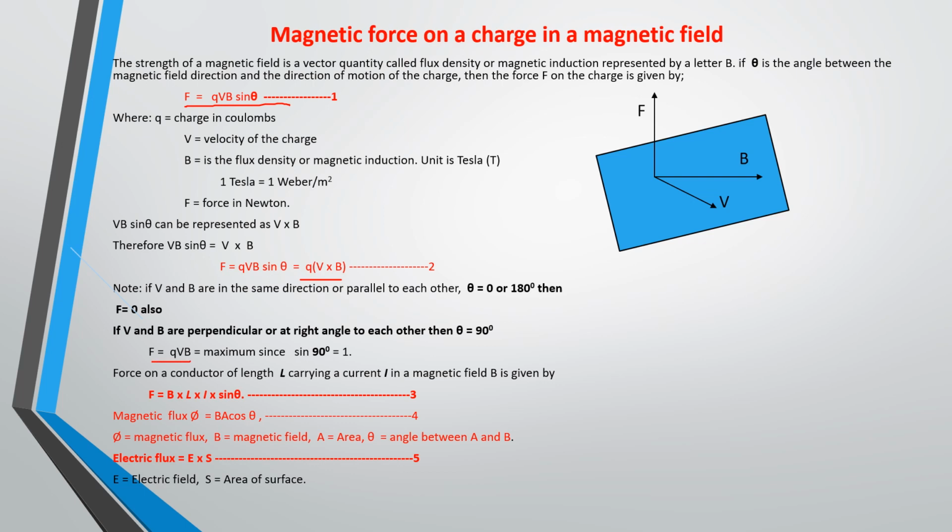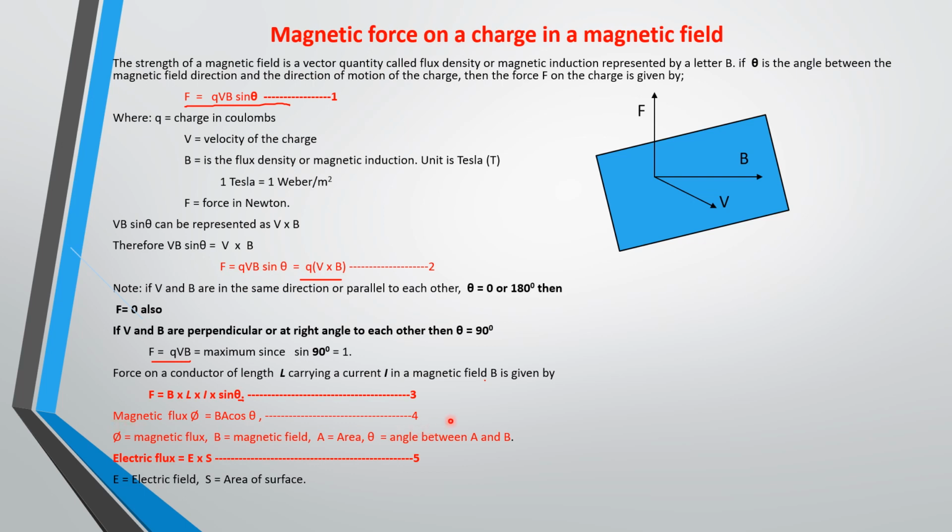Then for a conductor of length L carrying a current of I amps in a magnetic field that has magnitude B, the force is given by the magnetic flux density times the length times the current times the sine of the angle that is formed. So take note of this equation.